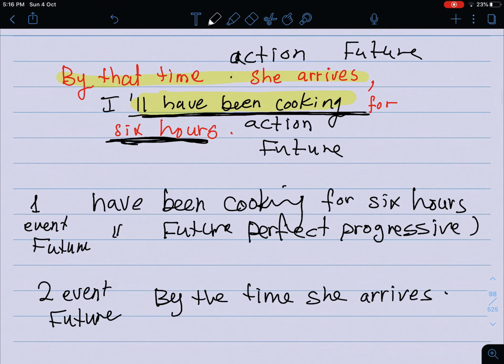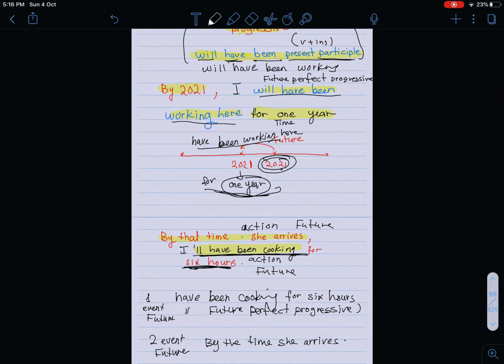I know it may sound difficult at first, but when you practice more sentences, you know the difference between the future perfect and the future perfect progressive. The future perfect progressive mainly focuses on the time. But both actions happen in the future, and we have more than one event. So is that clear?